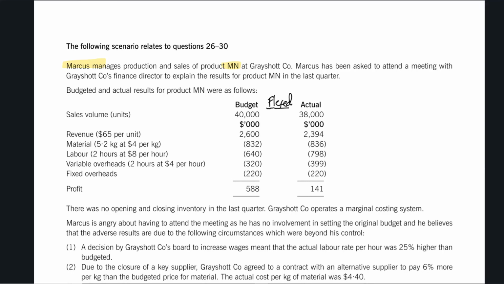This flexed budget is going to take the units from the actual column, 38, and the monetary values from the budget. So units from actual, monetary values from budget.